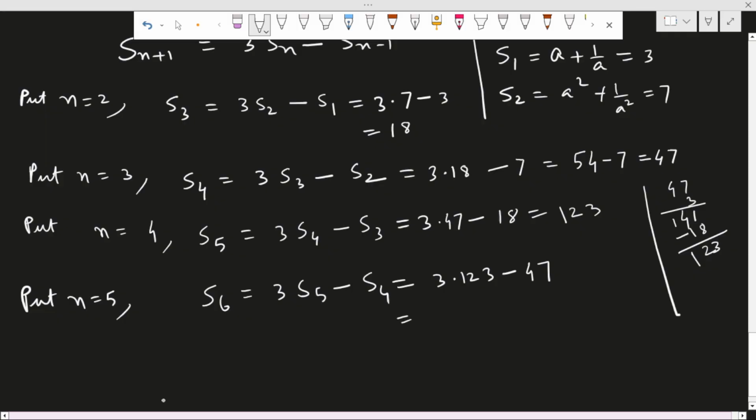That is equal to 3 times 123 is 369, minus 47, after subtracting 47 we get 322.